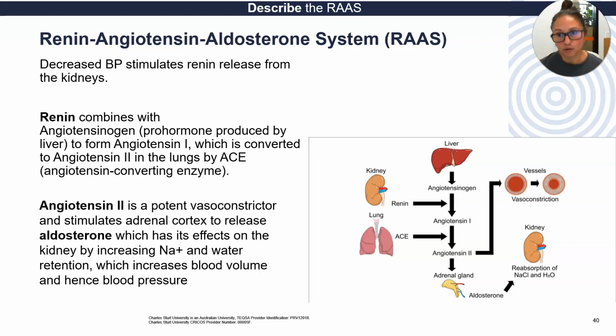Another rule of the universe is that where sodium goes, water follows. So if you move sodium from the urine back into the blood, water will follow it, and that's going to help with our blood pressure problem. Yay, the RAS system. It wasn't that bad.